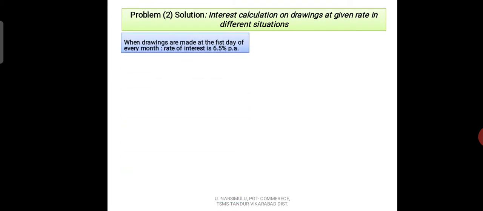Answer. For the first situation, for Ramesh, he withdraws 5000 every month. So per annum, that is 5000 into 12 months, total 60,000. On 60,000 we calculate interest at the rate of 6.5%.